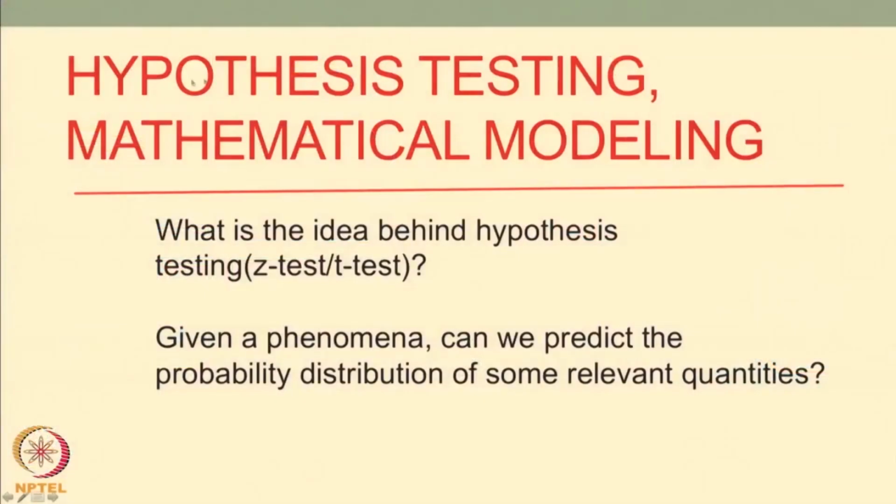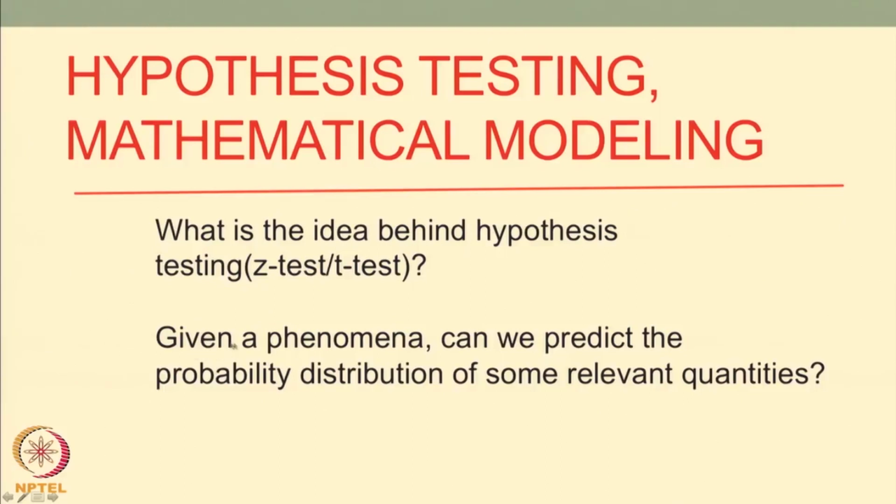So, the title of this lecture has two topics. One is hypothesis testing, and the other is mathematical modeling. First we will briefly discuss the idea behind hypothesis testing, like z-test and t-test. We'll only discuss the idea behind it, and of course, the details would be discussed in a complete biostatistics course.